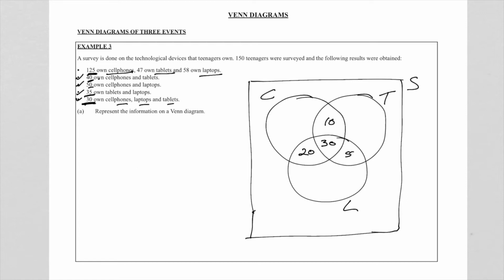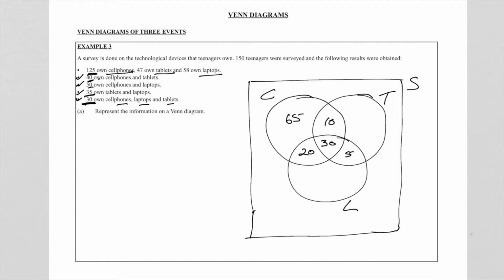It is important to take note that 125 is not here. It is the whole event that must add up to 125. As you can see, 40 plus 20 is 60. We have 60 already. So this must then be 65 so that they will add up to the 125. So let's put down 65 in that one.